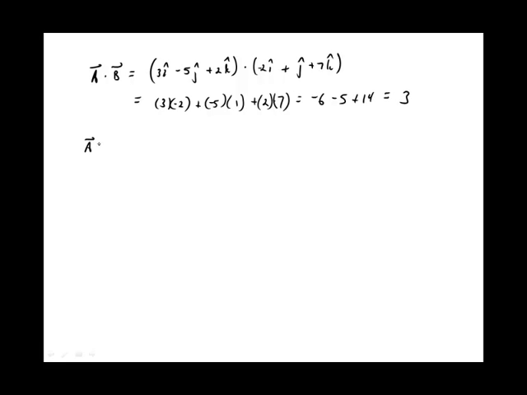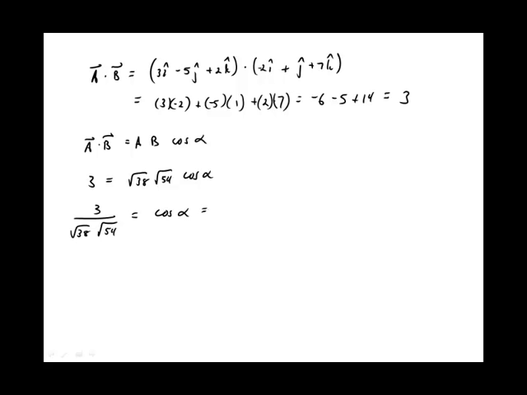But A dot B also equals A B cosine alpha. So 3 equals A, which is the square root of 38, times B, which is the square root of 54, times the cosine of alpha. And so 3 over the square root of 38 times the square root of 54 equals the cosine of alpha.